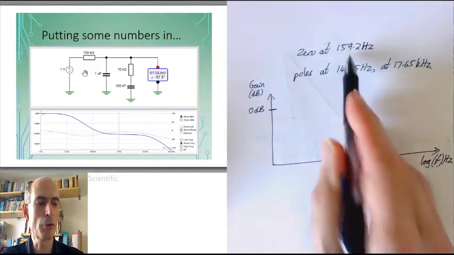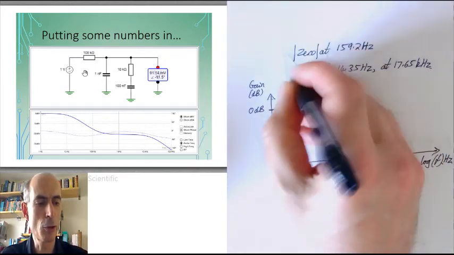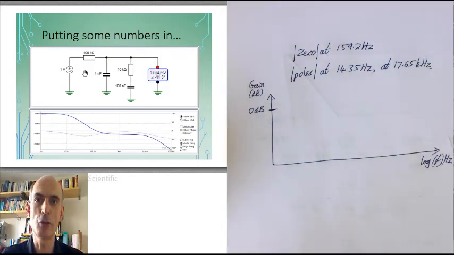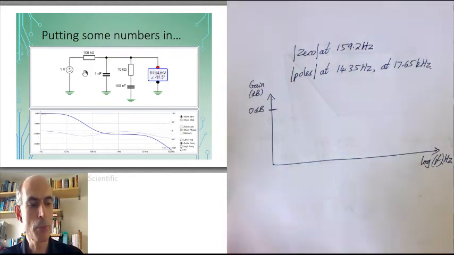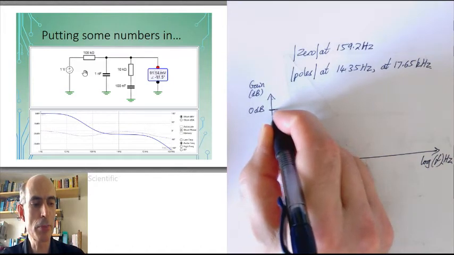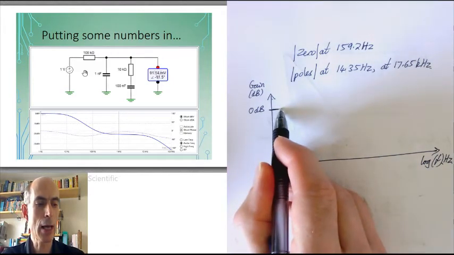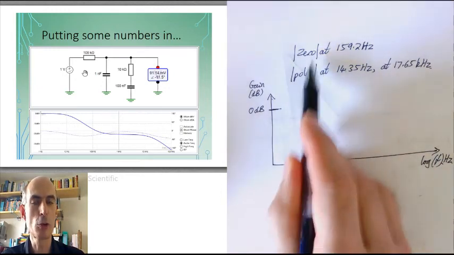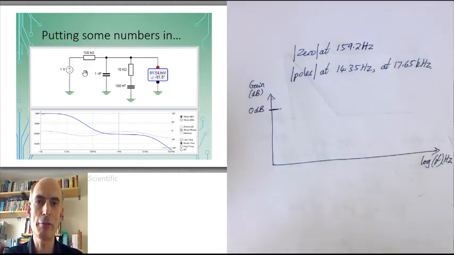These are the break frequencies. I'll maybe notate that just to remind myself that these are break frequencies, not the actual values of the zeros and the poles. So anyway, we start off at 0 dB at low frequency, and at frequencies below their break points, none of these zeros or poles are going to have any effect.